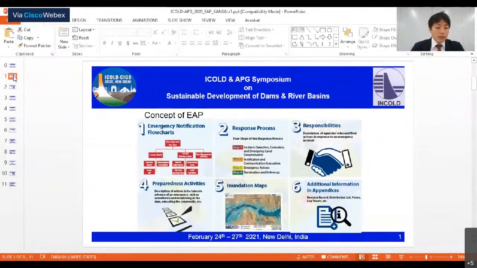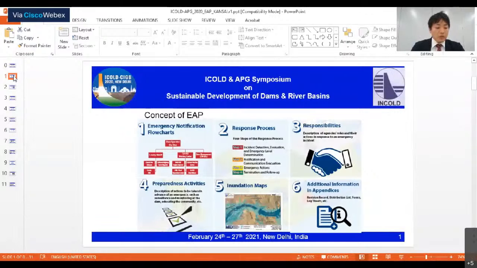According to the Federal Emergency Management Agency in the USA, the EAP is a formal document that identifies the potential emergency conditions and special actions to be followed to minimize loss of life and property damage.